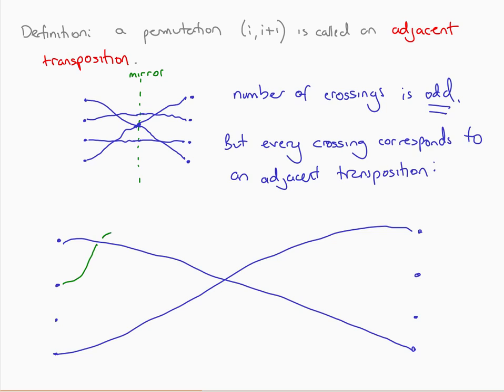We're going to cross this one here, and then it's going to cross this one again on the other side, and the other one is going to cross this one just here, and it'll cross this one on the other side like this. Okay, well, now to see what I mean about adjacent transpositions whose composition is the transposition whose diagram we've drawn, let's just put in some extra blue dots here.